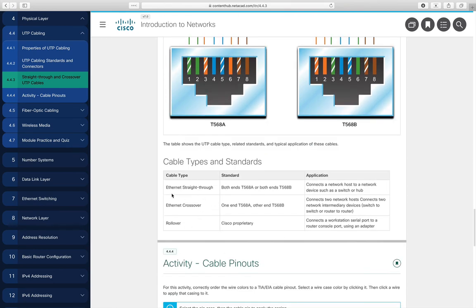Okay, so straight through cable, crossover cable. We also have something that's considered a Cisco proprietary cable, which is a rollover cable. And in a rollover cable, pin 1 goes to pin 8 on the other side, 2 goes to 7, 3 goes to 6, etc. The way you make a rollover cable is you wire an A or a B jack on one end, and then you take the same plug at the other end, but you flip it upside down before you crimp it.